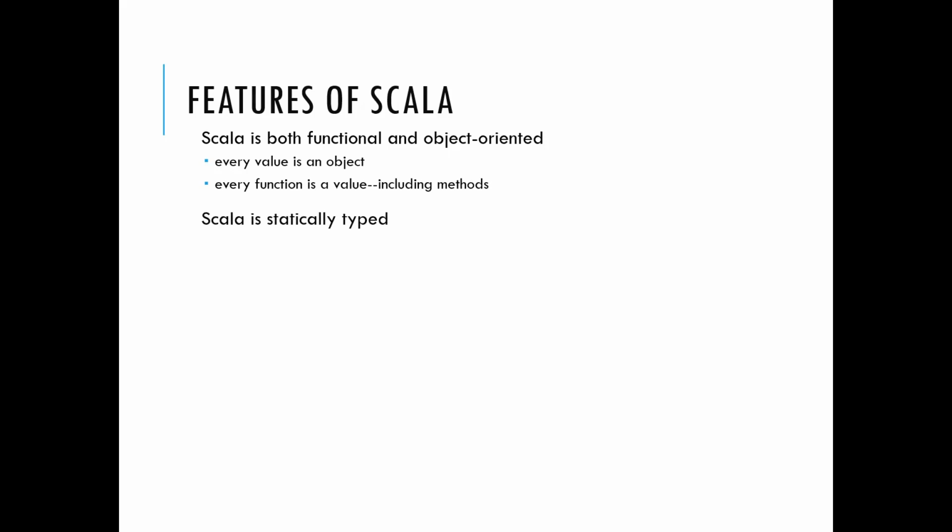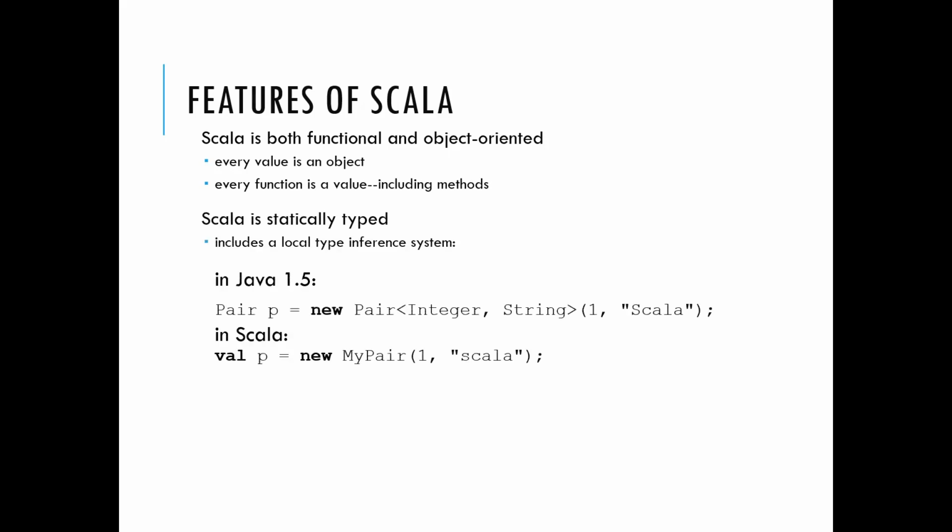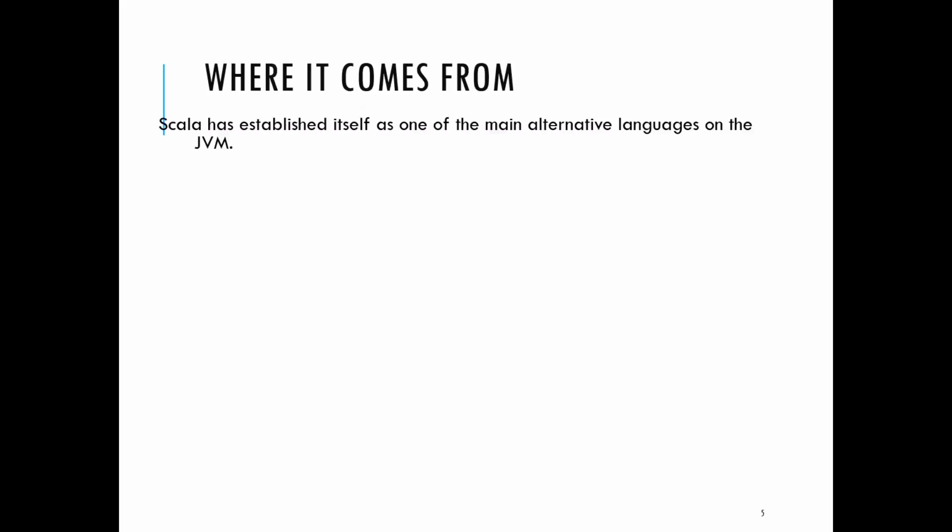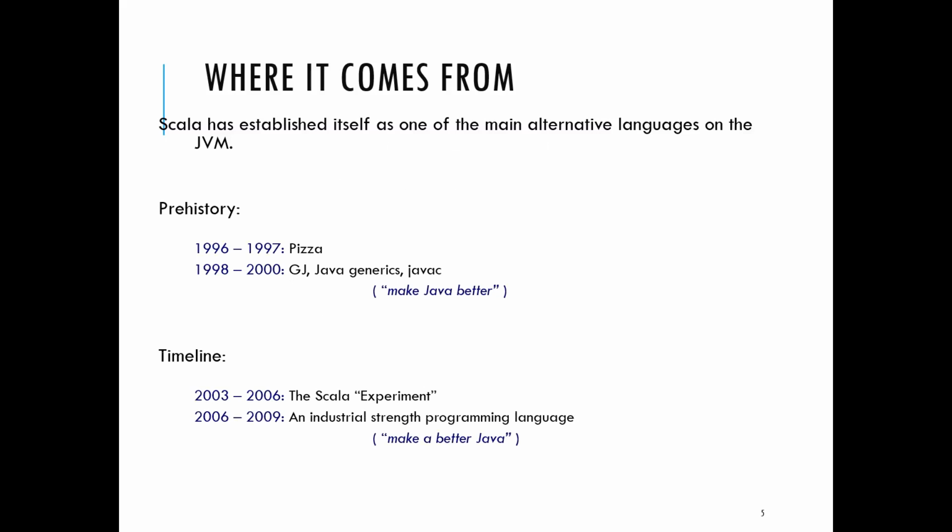This is Scala. Everything is treated as an object instead of treating them as a primitive type. So this is the way we saw the history of where Scala came from, in 1997, when they developed it.